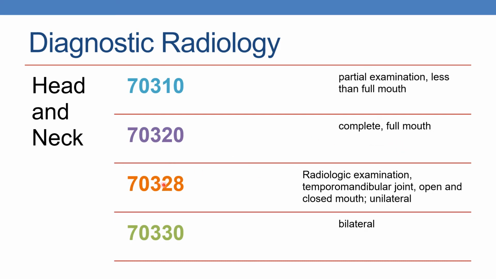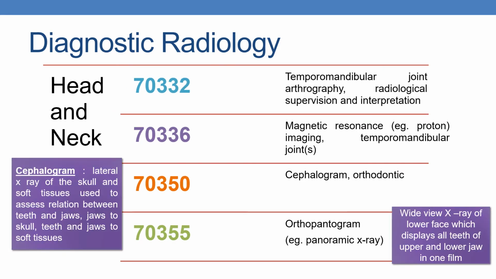The next is 70328. It deals with radiological examination temporomandibular joint, open and closed mouth, unilateral. The next is 70330. It deals with radiological examination temporomandibular joint, open and closed mouth, bilateral. The next is 70332.